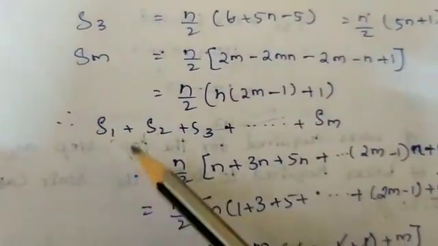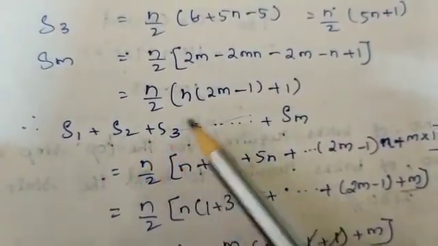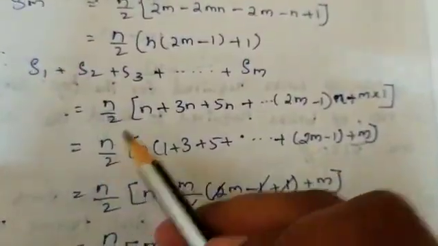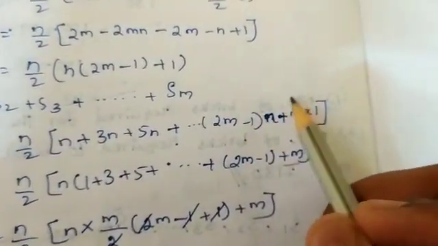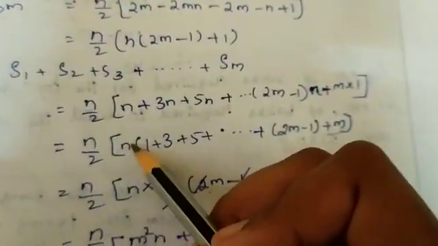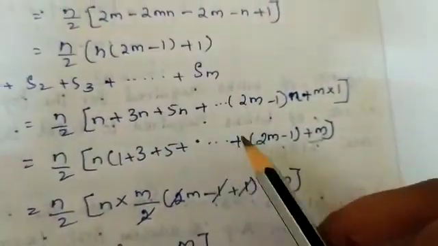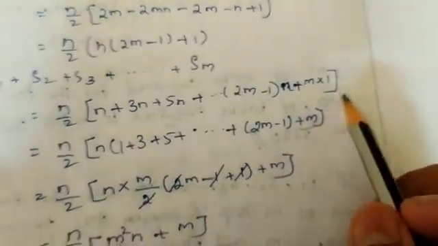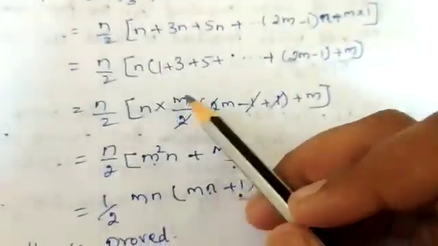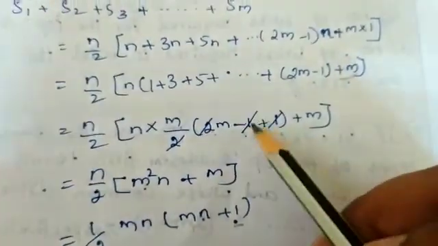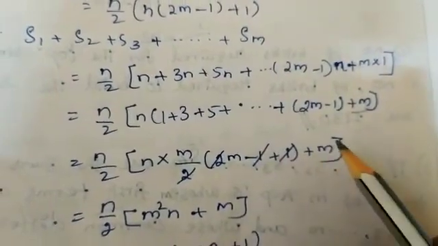Therefore S1 plus S2 plus S3 till Sm is n by 2 into n plus 3n plus 5n till 2m minus 1 into n, which is n by 2 into n into 1 plus 3 plus 5 till 2m minus 1 plus 1, that is n by 2 into n into m by 2 into 2m minus 1 plus 1 plus 1.